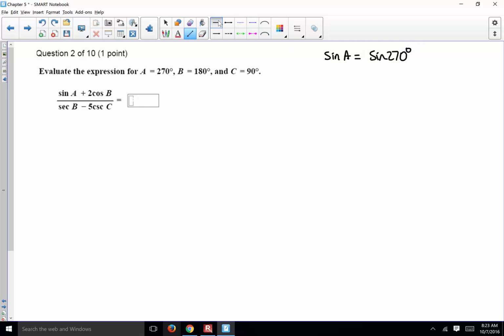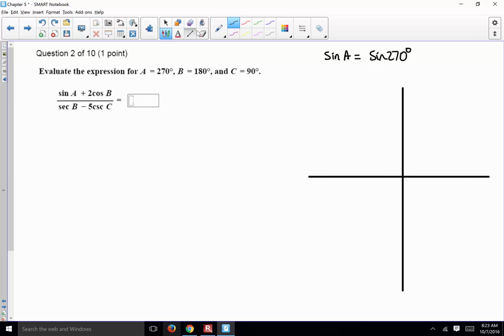If it helps, literally sketch that angle and figure out that way. So this is 0. Here is 90. So I start with 0. This is 0 angle, right? So let's rotate. 90, 180.